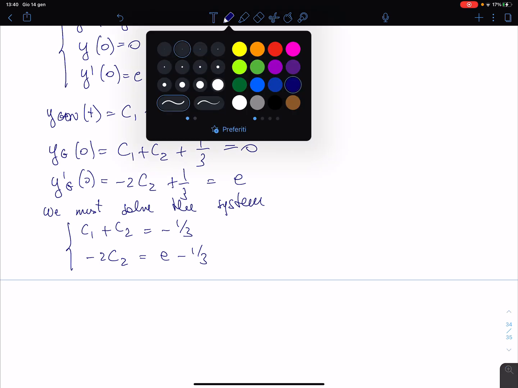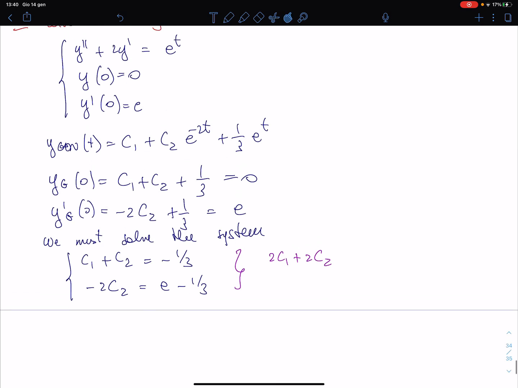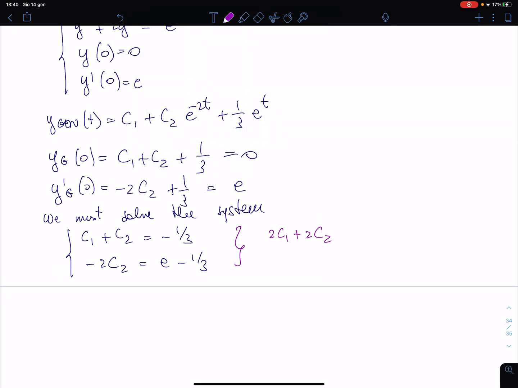So for instance, mixing the two equations, we multiply the first by 2, so we have 2C1 plus 2C2, and then add the second equation, so minus 2C2 is equal to minus 1/3, 2 times is minus 2/3, plus e minus 1/3.